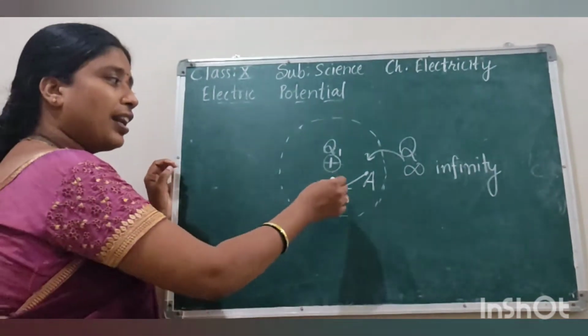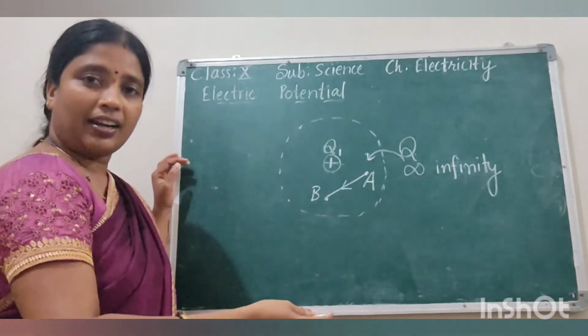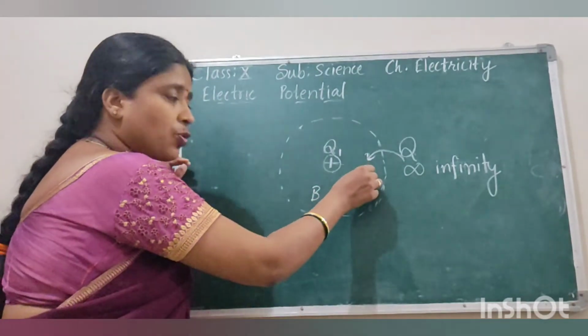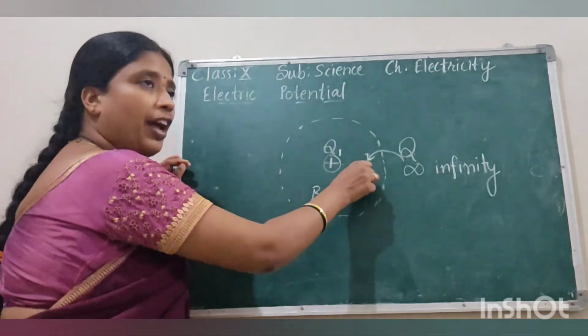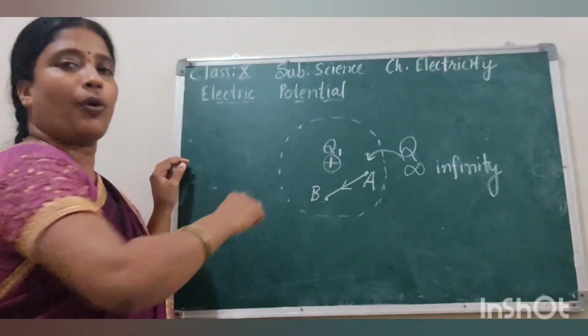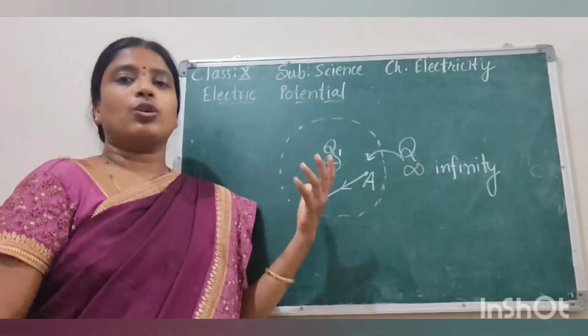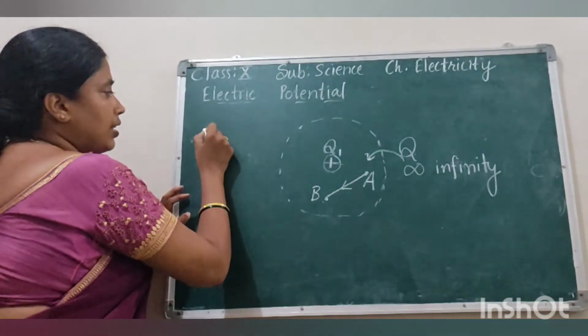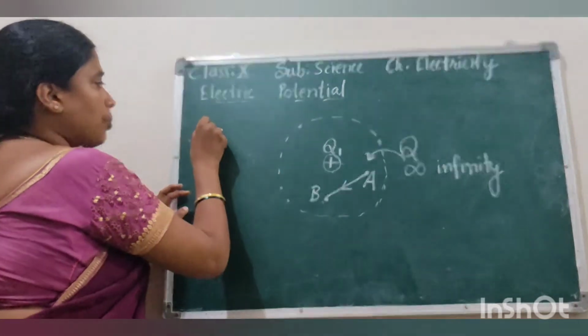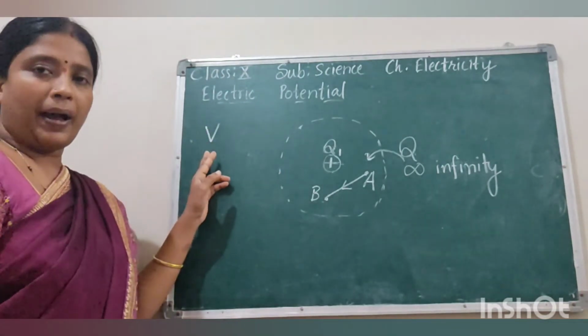So again work has to be done to overcome that repulsive force. This work done in moving the unit positive charge from one point to the other is known as potential difference. The electric potential is denoted by V.